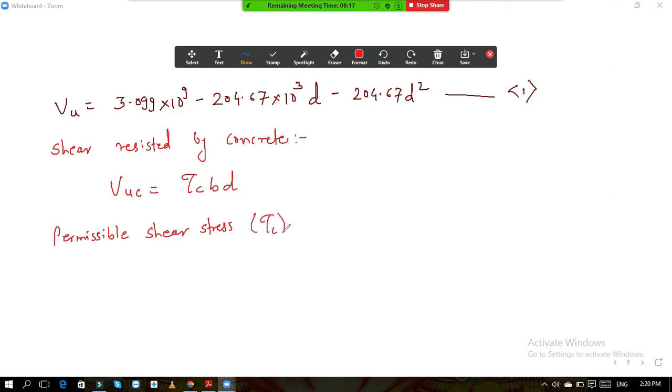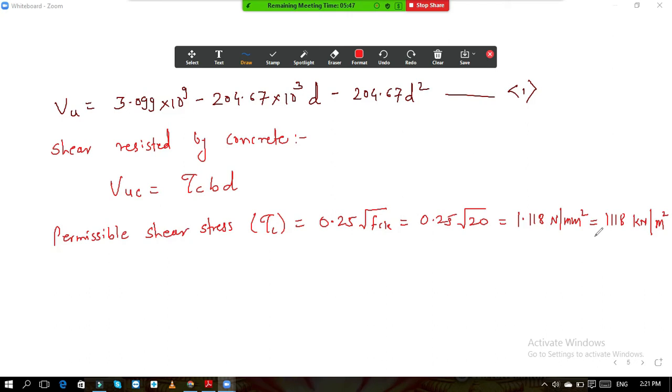Tau c is equal to, the formula for this is 0.25 under root fck. So it is 0.25 under root 20, which is equal to 1.118 Newton per mm square. This is nothing but 1118 kilonewton per meter square.